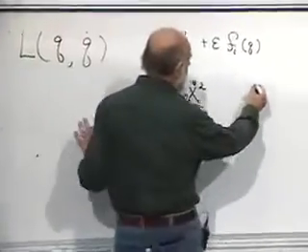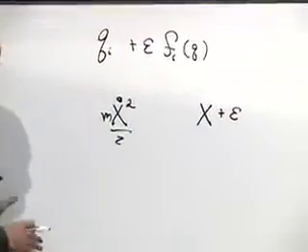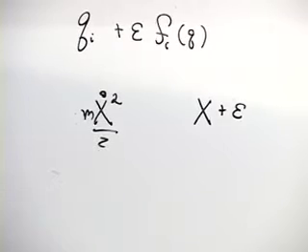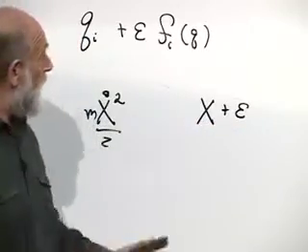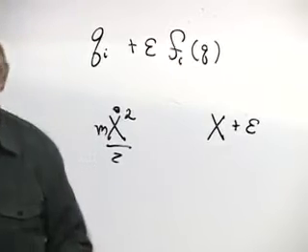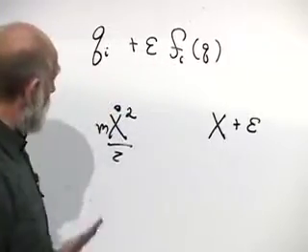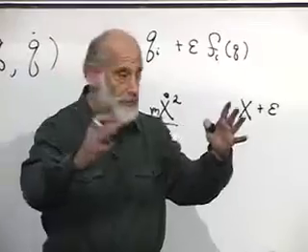Just take x and add a small displacement to it. This just corresponds to displacing your system a little bit. Incidentally, these f's are not supposed to depend on time. No time dependence at all. Just a constant shift of some kind of the q's. Here's a constant shift of the x's.